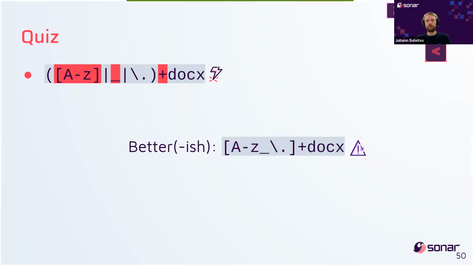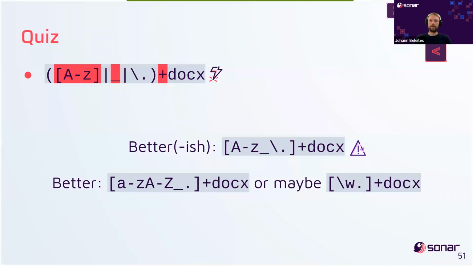So we have an alternative of underscore or a character class that includes underscore, which can lead to catastrophic backtracking in the worst case. And again, of course, even better, please don't use character ranges with capital and lowercase letters mixed. More explicit, of course, is something like the ones down here.